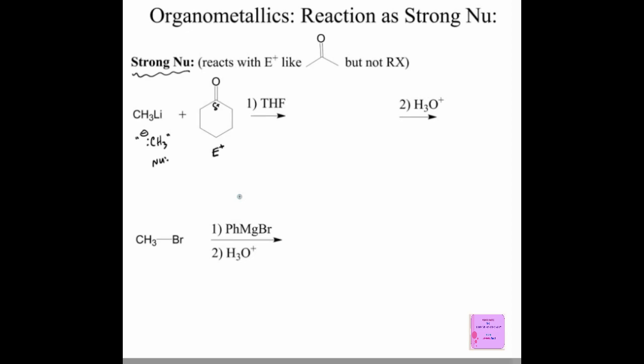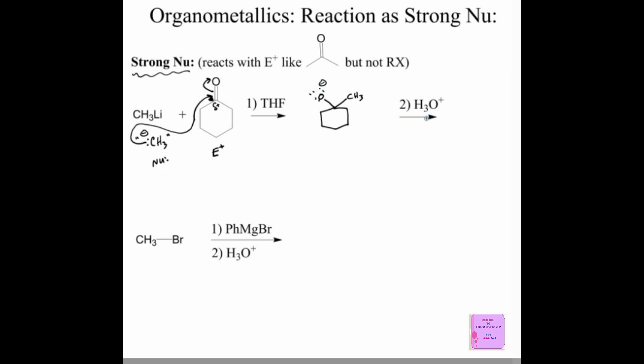And so what happens when you mix these two? This is going to attack the carbonyl carbon and break the pi bond. Doesn't matter if you show it coming from the right or left. But it's going to give me an O minus where the carbonyl used to be.